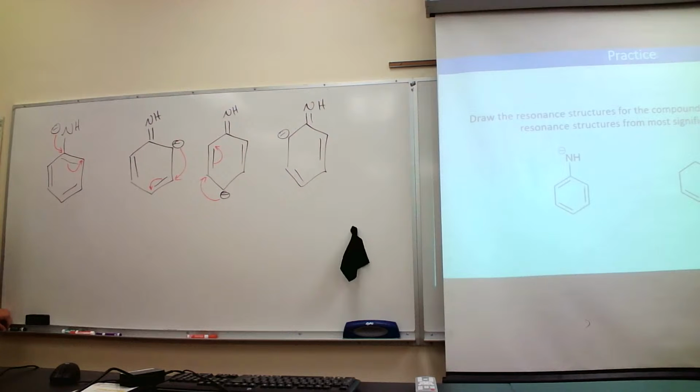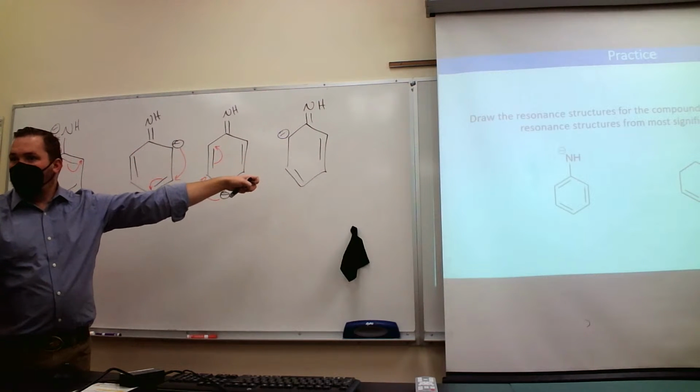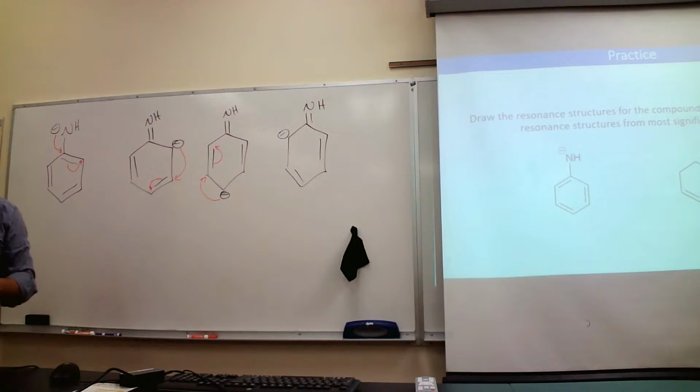And for a negative charge or a lone pair adjacent to a pi bond in the allylic position, you're just going to move it over and then make room. So we have 3 additional resonance structures that put the negative charge in the benzene ring and resonate it around the benzene ring.